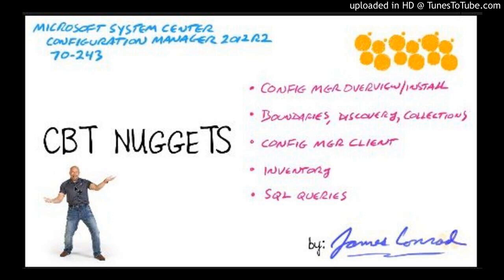We want to perform rollouts. We want to see where software actually is installed. Maybe we have a piece of software where we kind of lost track of all the licensing and everything. So we can search for a specific unique DLL or executable or something like that and find out every computer that has that specific file. Once we've done that, we found out where the software is. There's also role-based administration.